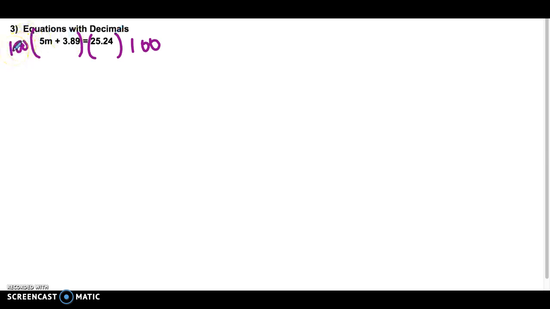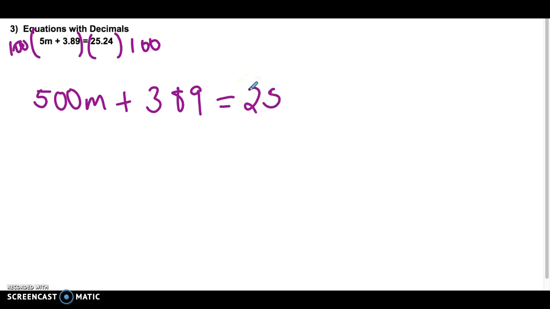All right, so this is 100, 100. So this is going to be 500m plus 389 equals 2,524. So subtract 389 from both sides.